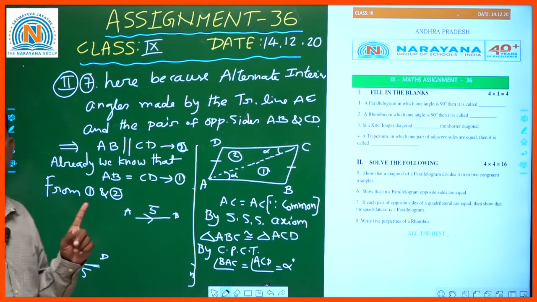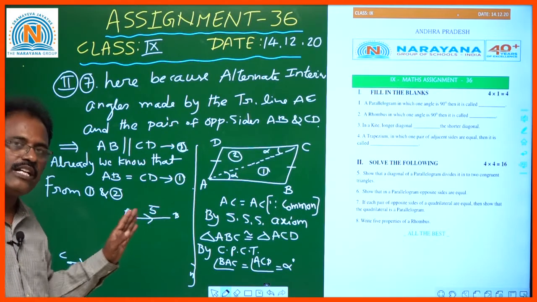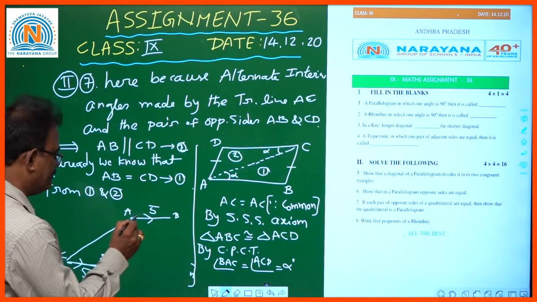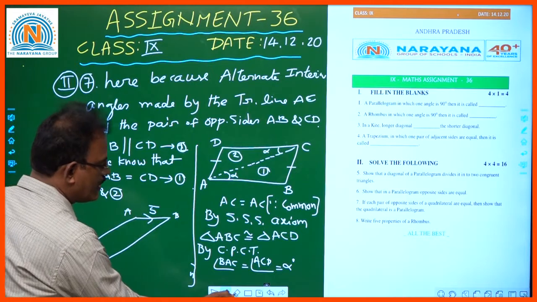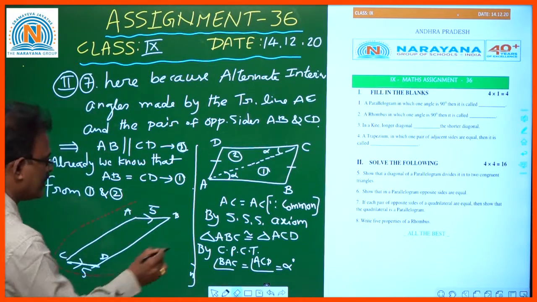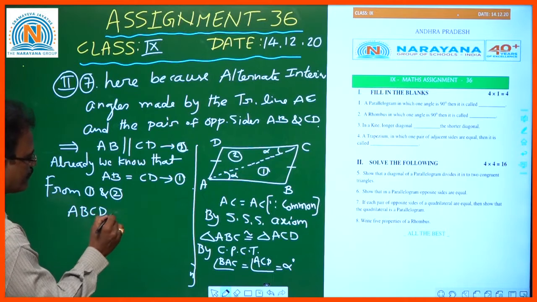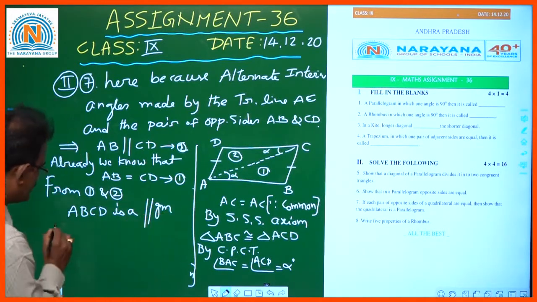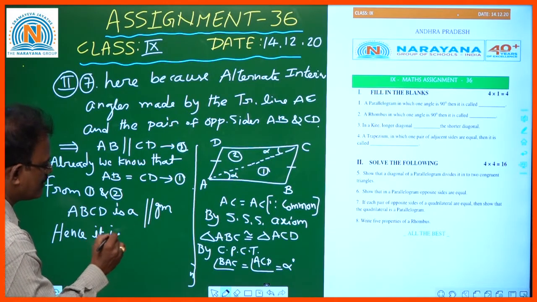So if one pair of opposite sides are parallel and equal, if you join at their end points, again it forms a parallelogram. So from one of these properties, we can say that ABCD is a parallelogram. Okay, children? So hence the required thing is proved.